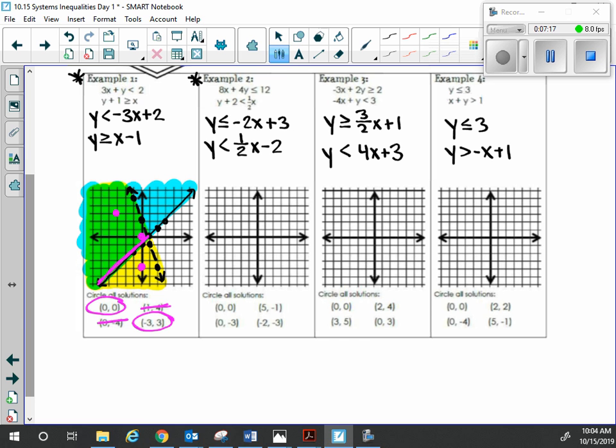Alright, let's do the second one together. My first line, y is less than or equal to -2x plus 3. Solid or dashed? Solid. Above or below? Below.